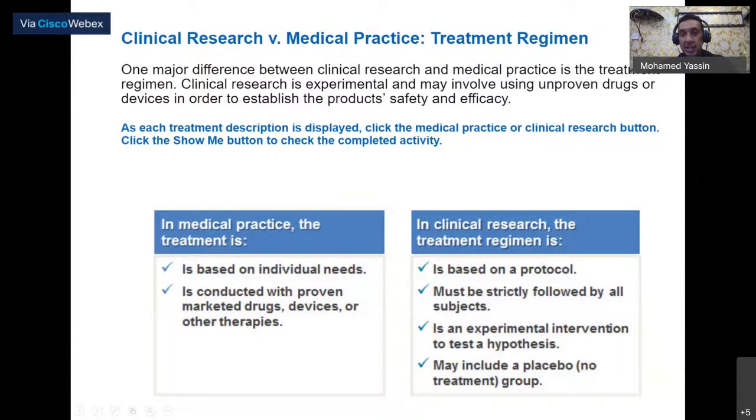While in clinical research, the treatment regimen is based on the protocol, and the protocol has many components. Among them, as I said, are inclusion and exclusion criteria, and they have to be followed as they are. It must be strictly followed by all subjects. It contains an experimental intervention to test a hypothesis, and it may include a placebo.